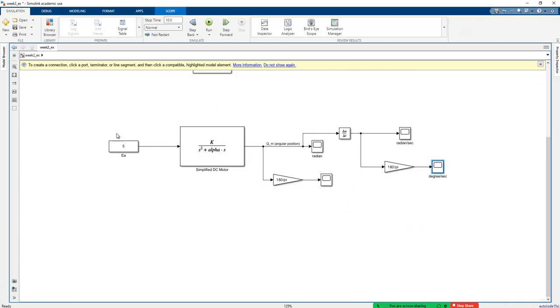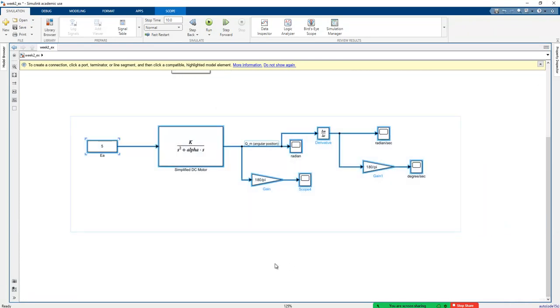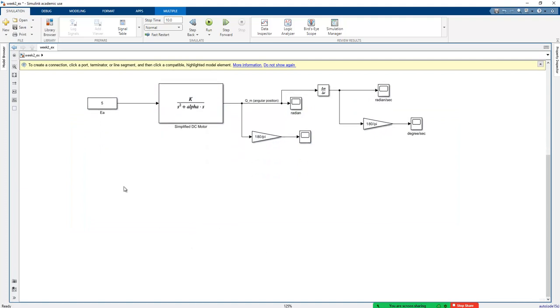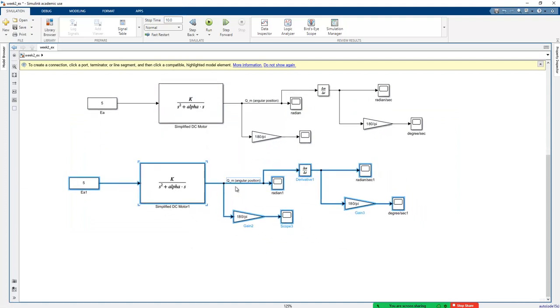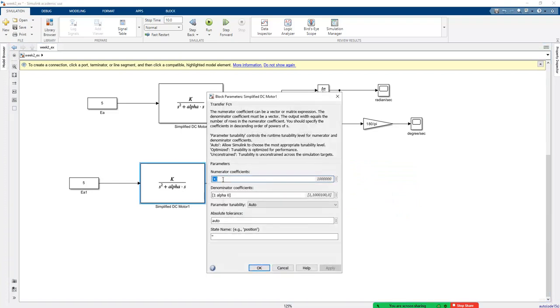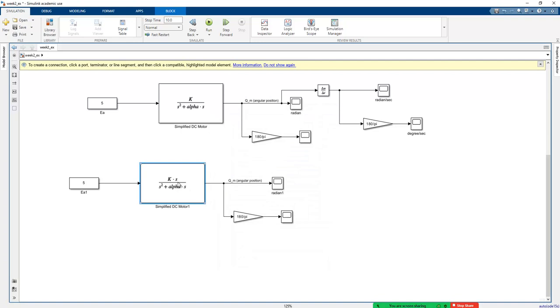This is one way, but another way of taking the derivative of these terms is this one. We may not use this information here, but we can add some other coefficients, k times s. This produces the derivative values, or the velocity values, of these terms.